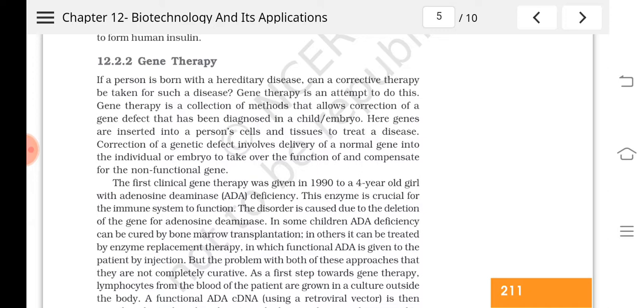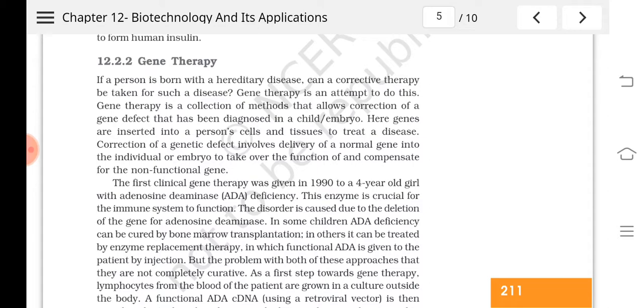Gene therapy includes a collection of methods that allows correction of a gene defect that has been diagnosed in a child or embryo. You would have studied that amniocentesis can be used for studying genetic diseases. The genes in the embryo can be studied for any defects, and in such cases the genes can be corrected so that the individual will be free from that kind of disease.